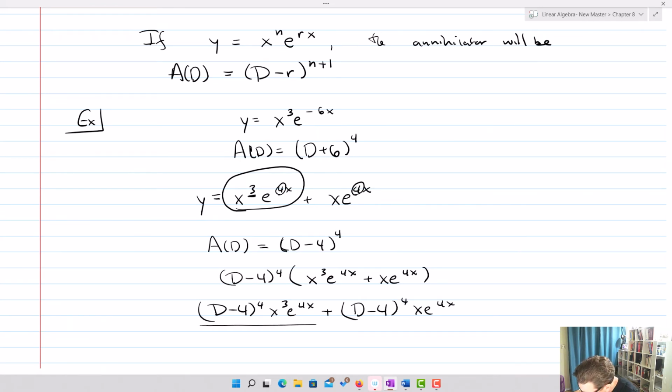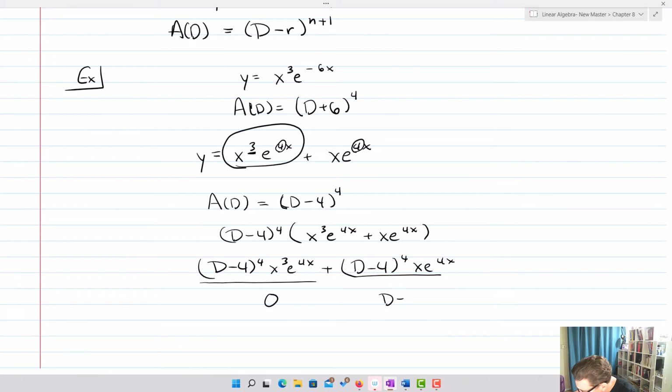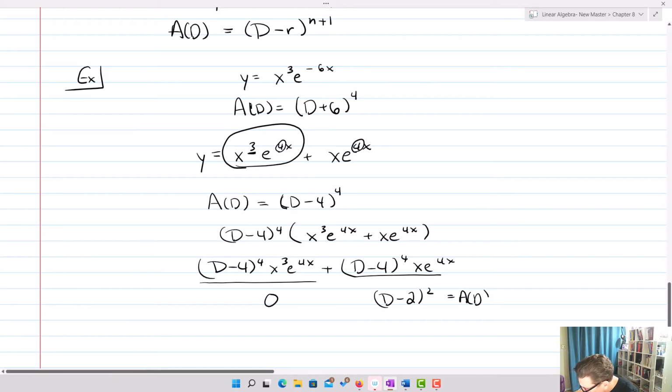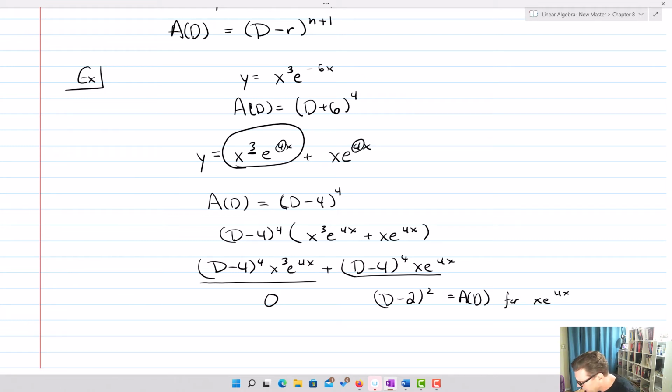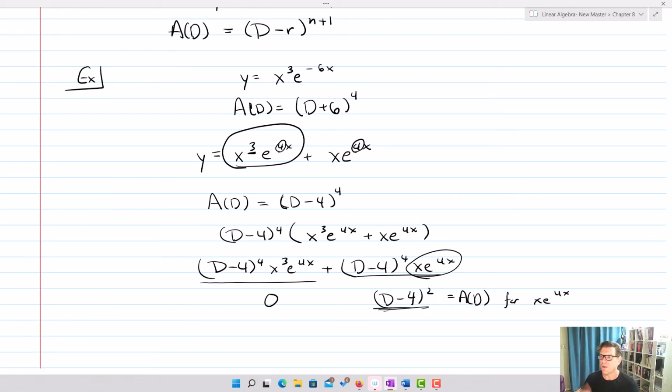We already know that the first is going to go to 0, and the annihilator for x e to the 4x is (d minus 4) squared. So after 2 operations by (d minus 4), this thing goes to 0, so the last 2 are just going to zero out as well.